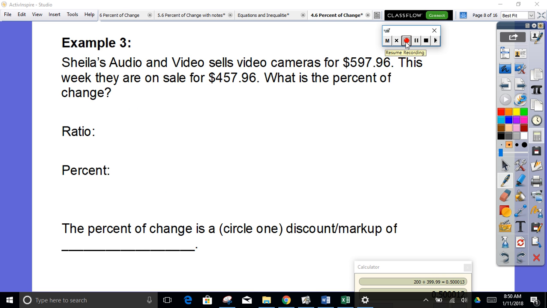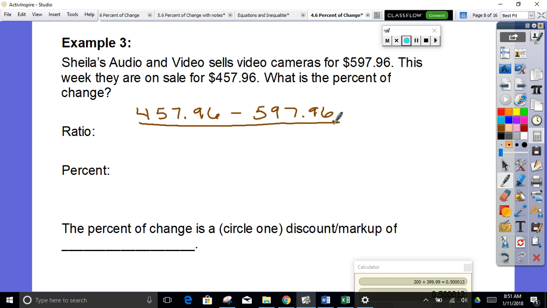Eli, what did you do to solve number 3? I took the sale price, which is $457.96, minus the original price, which is $597.96. And then I put the division line, and I put under it 597.96 again.